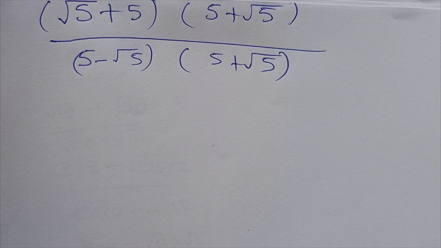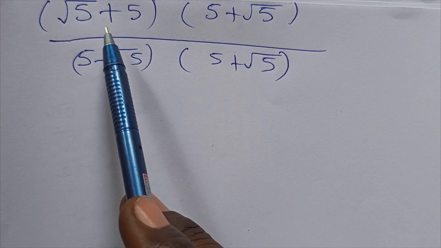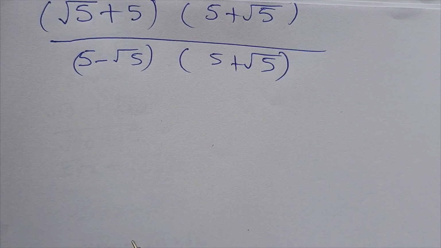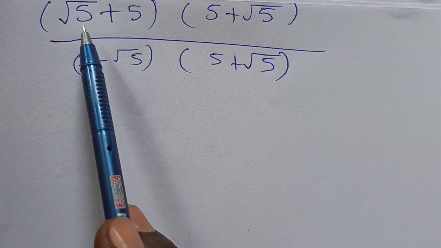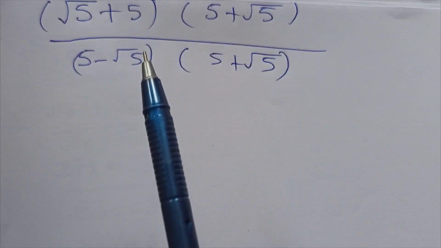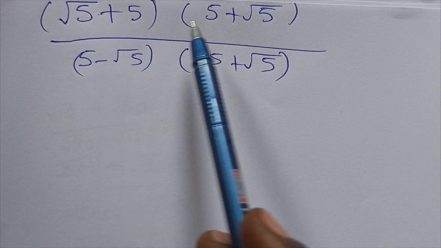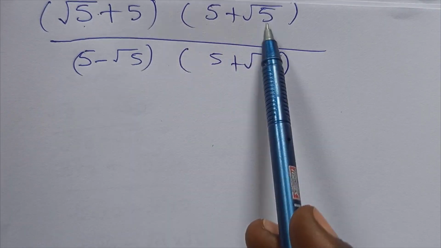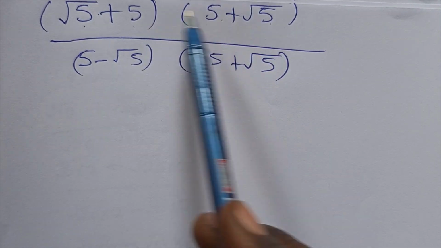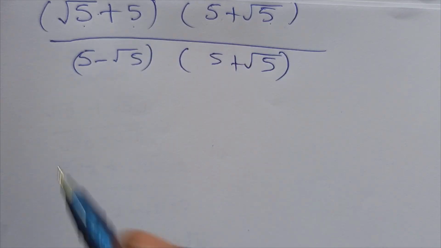So continuing our solution, we're going to simplify the numerator and the denominator now. So we're going to multiply this by this and this by this. You know how we take multiplication of two brackets. This will multiply this and this, then this will multiply this and this, same for the denominator.